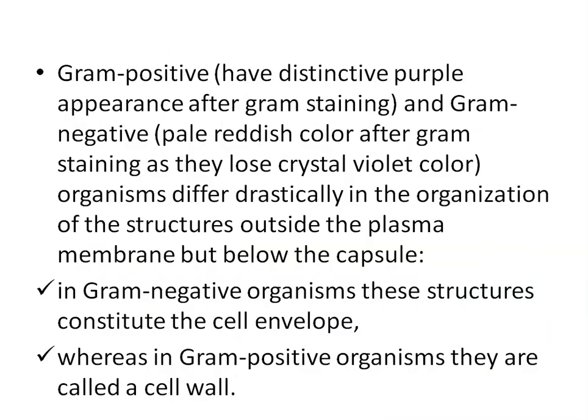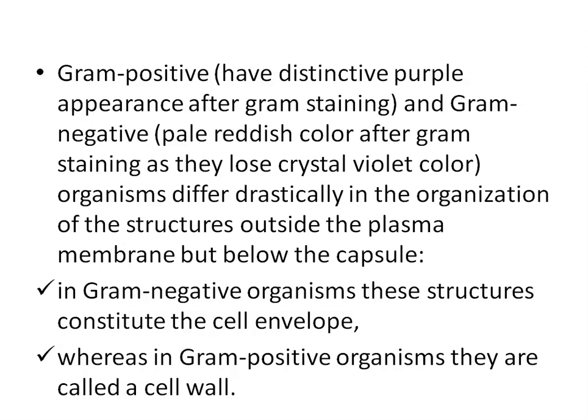Gram-positive and gram-negative bacteria differ drastically in organization of the structure outside the plasma membrane but below the capsule. Gram-positive and gram-negative are terms we use for bacteria because gram-positive have distinctive purple appearance after gram staining, but gram-negative are pale reddish in color after gram staining because they lose crystal violet color, right?